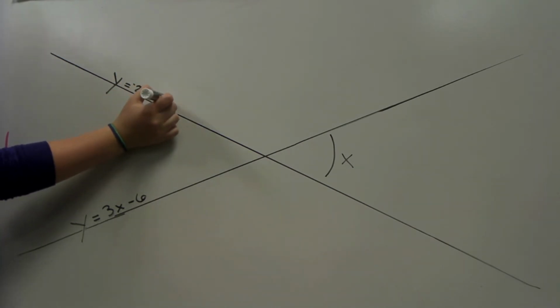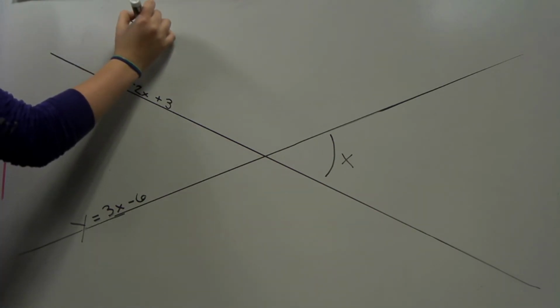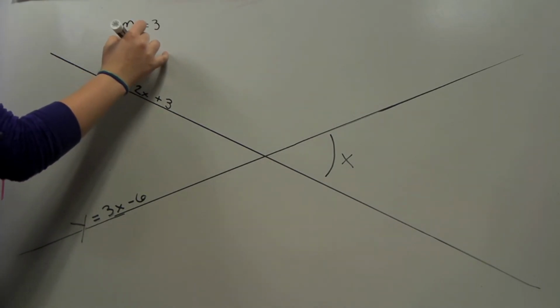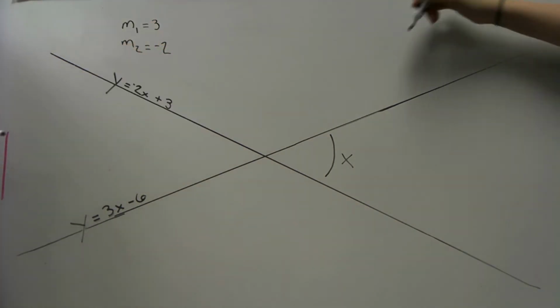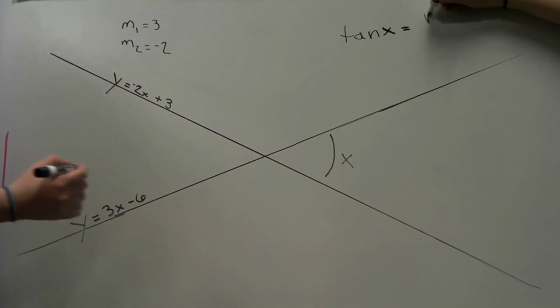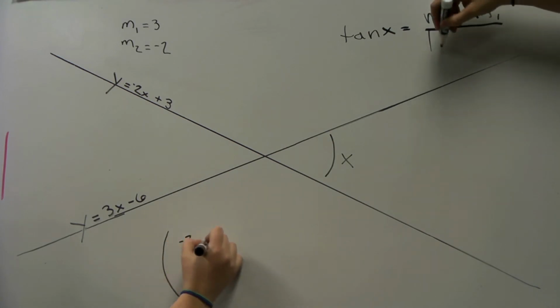To find the angle between the lines, we need to first assign our coefficients. Let's let m sub 1 equal 3 for the first equation, and m sub 2 equal negative 2 from the second equation. Now, our equation to find the angle is tangent of x equals m sub 2 minus m sub 1 over 1 plus m sub 1 times m sub 2.